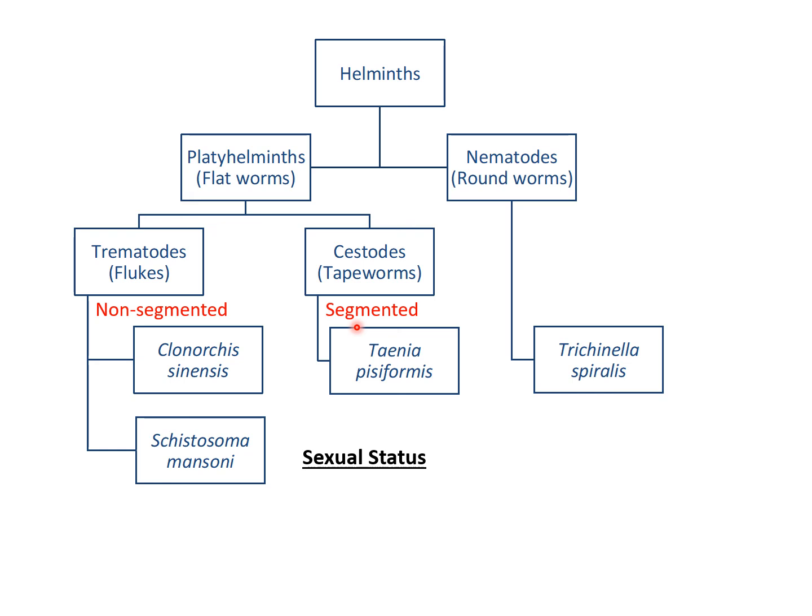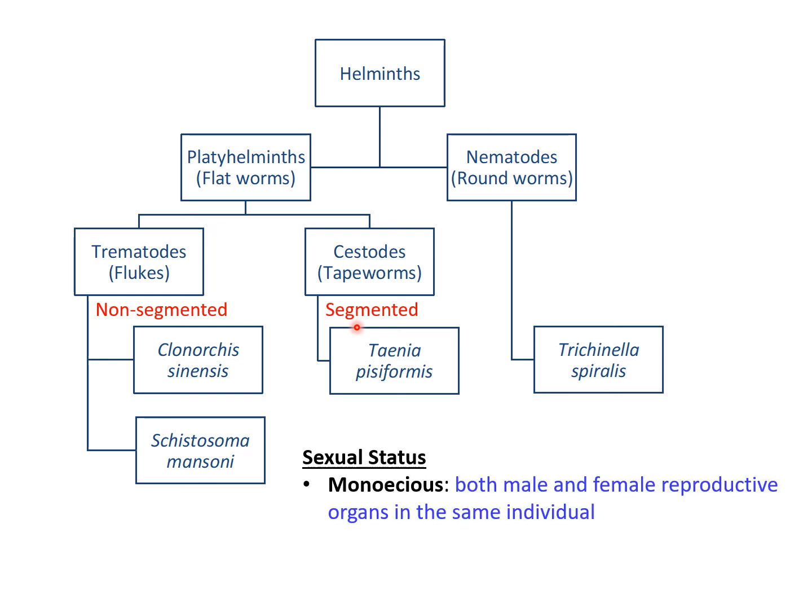Now, when we talk about the sexual status of these worms, there are two sexual statuses that we're going to discuss, monoecious and dioecious. So mono, meaning one. So in one worm, there are both the male and the female reproductive parts within that one worm. Di coming from two, right?